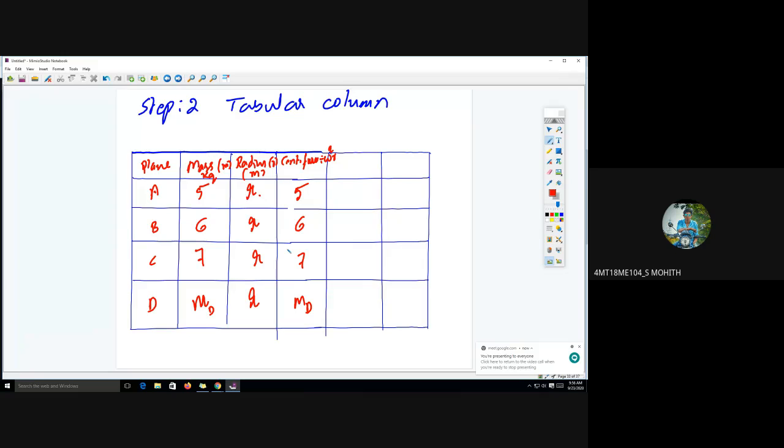Radius is also not given. See the fourth column, radius is there. Possible or not? You tell me. If it is possible, you can draw. If it is not possible, you tell me the reason.